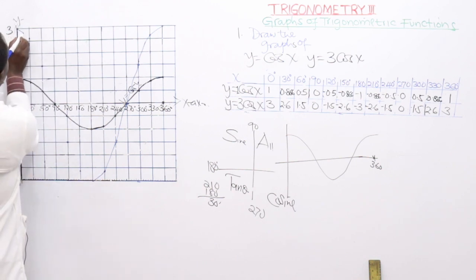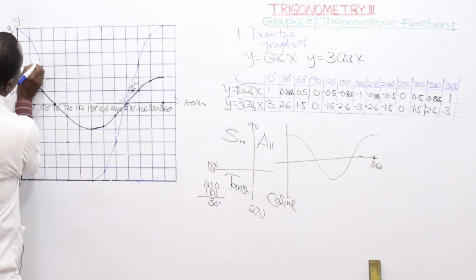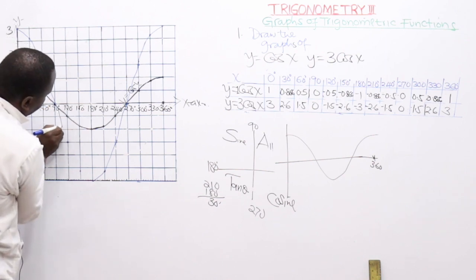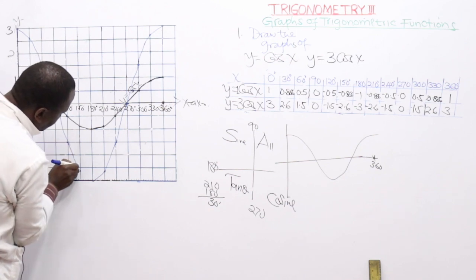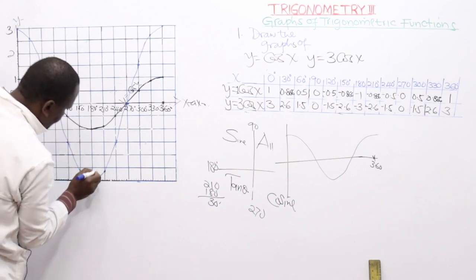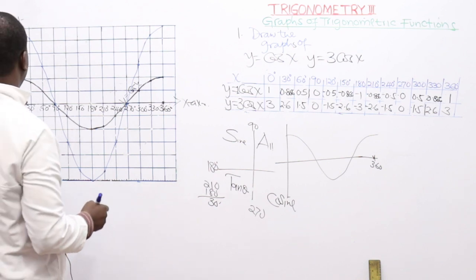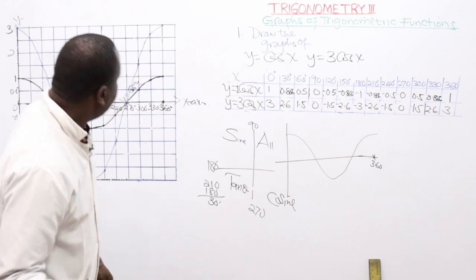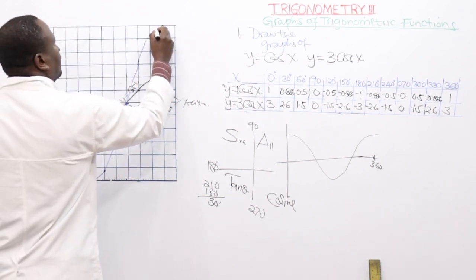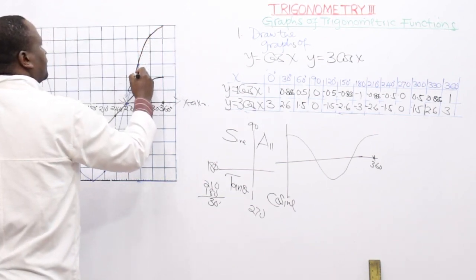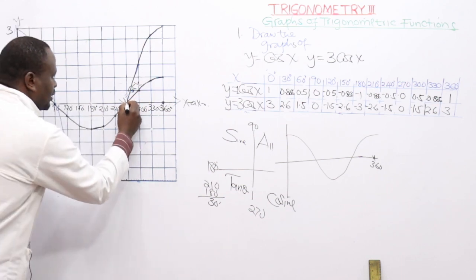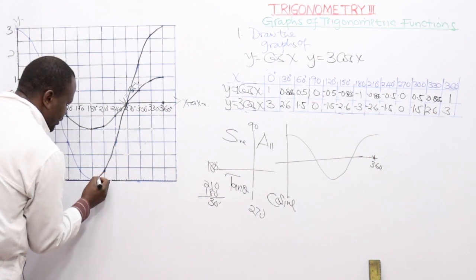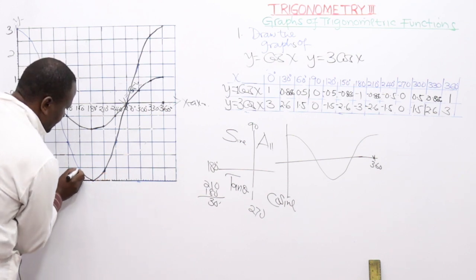You start up there. So your graph should look like that. If I can repeat it using a black pen for clarity, you just draw a smooth curve without sharp corners, just circular.